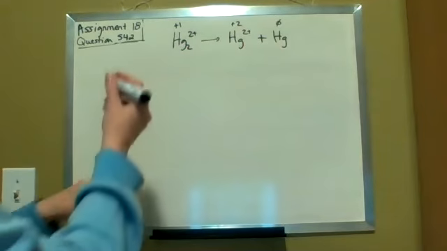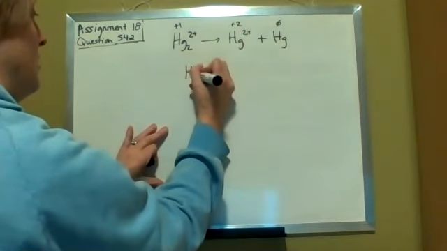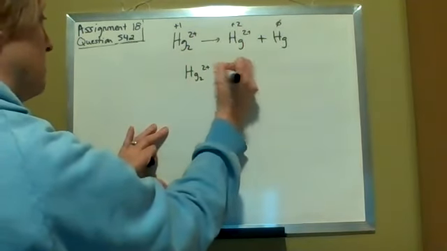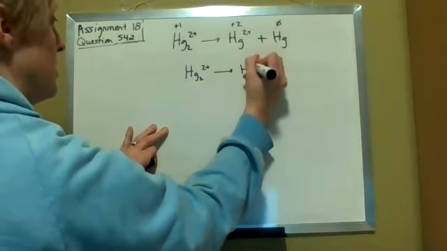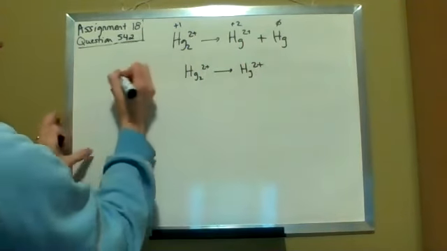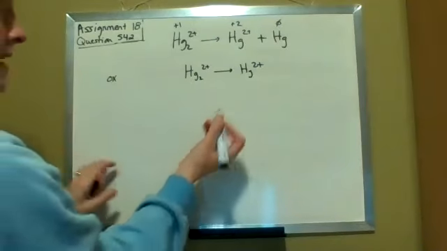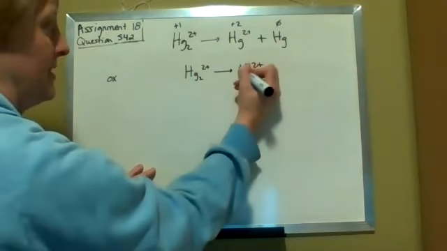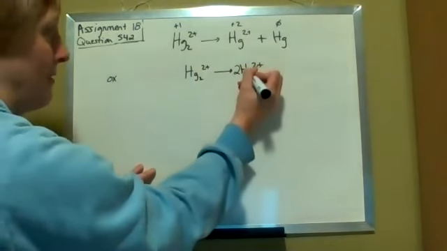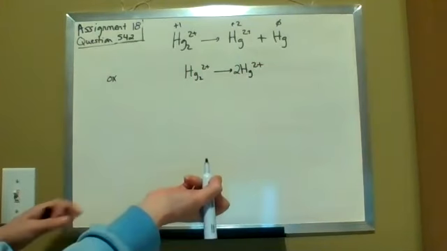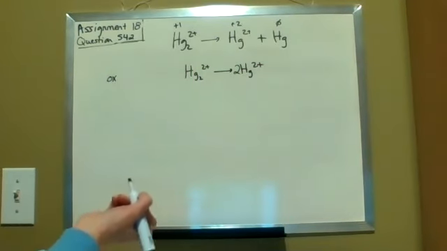So those are our 2 half equations. So Hg2 2+ going to Hg2+, that would be our oxidation reaction. In order to balance this, don't forget to balance your elements. That's really what you have here. You don't have any waters and hydrogens to worry about, just the other elements.